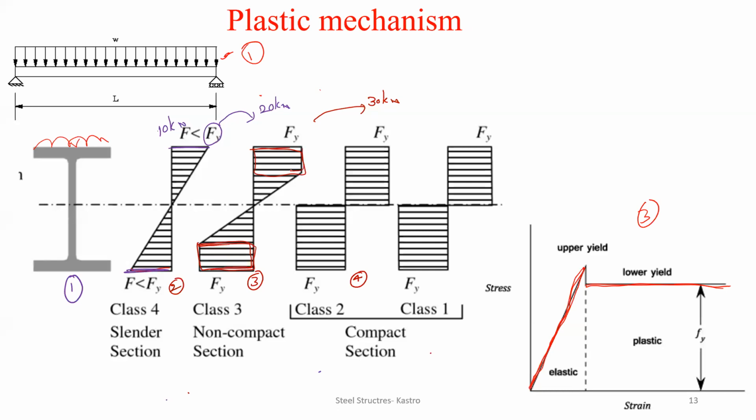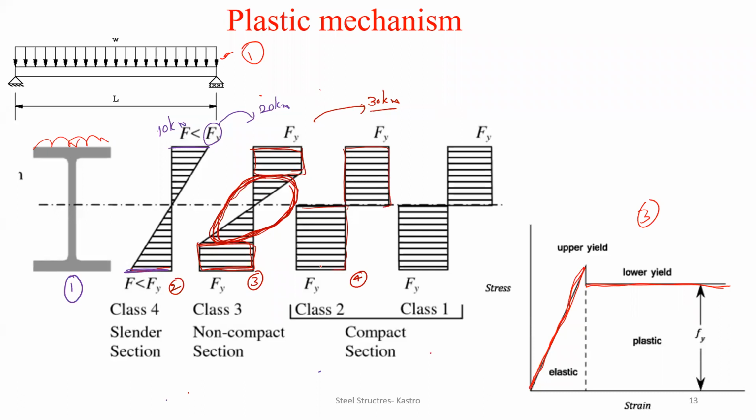The fibers that are going to yield are the fibers which are not in the rectangular portion. So if you increase the load to 30 kilonewtons, these fibers get yielded to a complete rectangular portion.